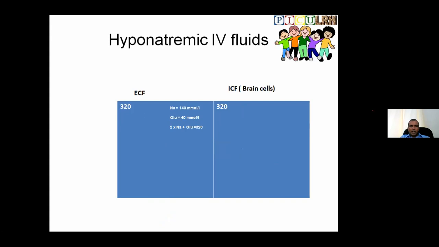So if you are using hyponatremic solutions like N/2 or N/5, same thing will happen. The hyponatremic solution, N/2 means sodium is 77. So osmolarity is 144. So basically you are dropping the extracellular osmolarity. So fluid will shift from extracellular to intracellular compartment, causing cell edema.